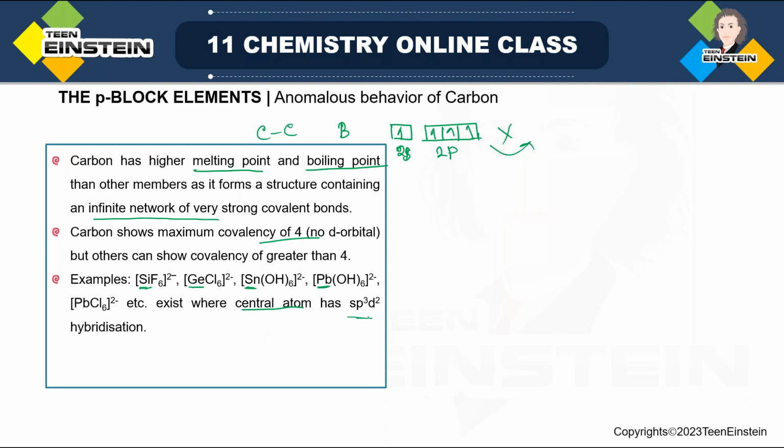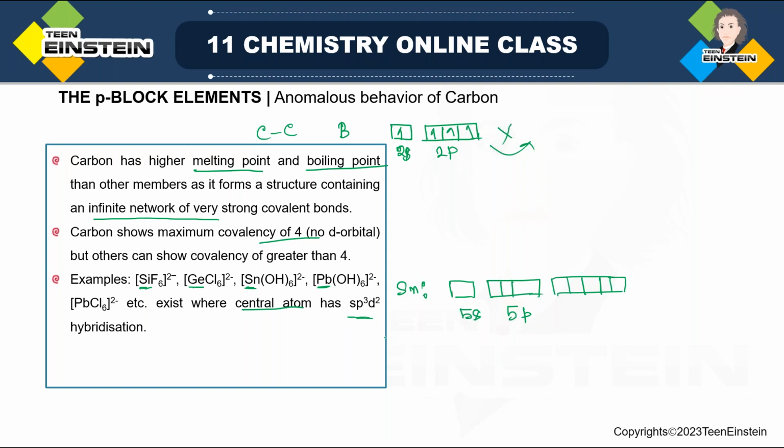And here the central atom is sp3d2. Just take any of the central atoms, say Sn. Sn has a 5s2 5p2 configuration. This is 5s, this is 5p, and after that there is also presence of d orbitals, so it can use d orbitals for hybridization.